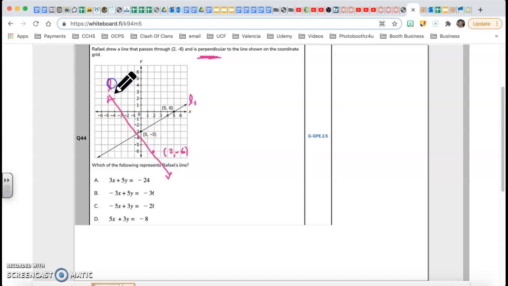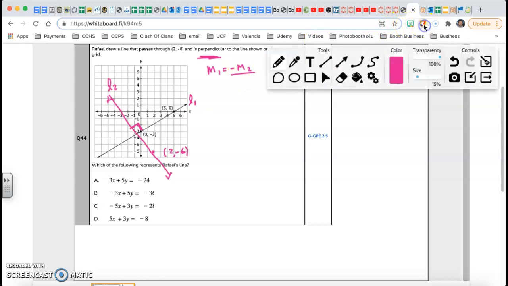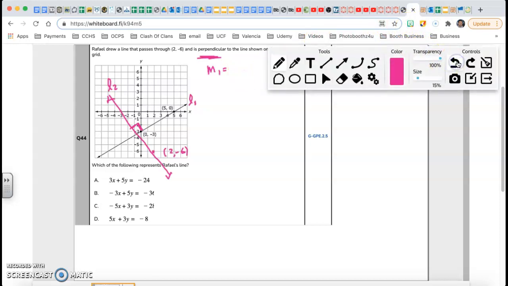The only way that I can tell that those two lines are perpendicular to each other is if the slopes, this M stands for slope, the slope of line 1 and the slope of line 2 are opposite, meaning different sign, reciprocal. Oh, I'm sorry, I made a mistake. Opposite reciprocal, which is -1 over slope 2.